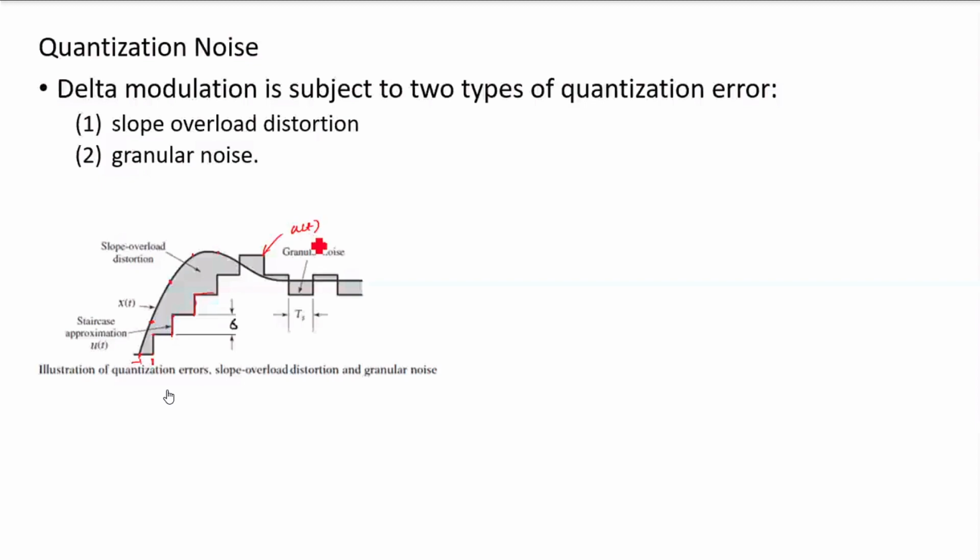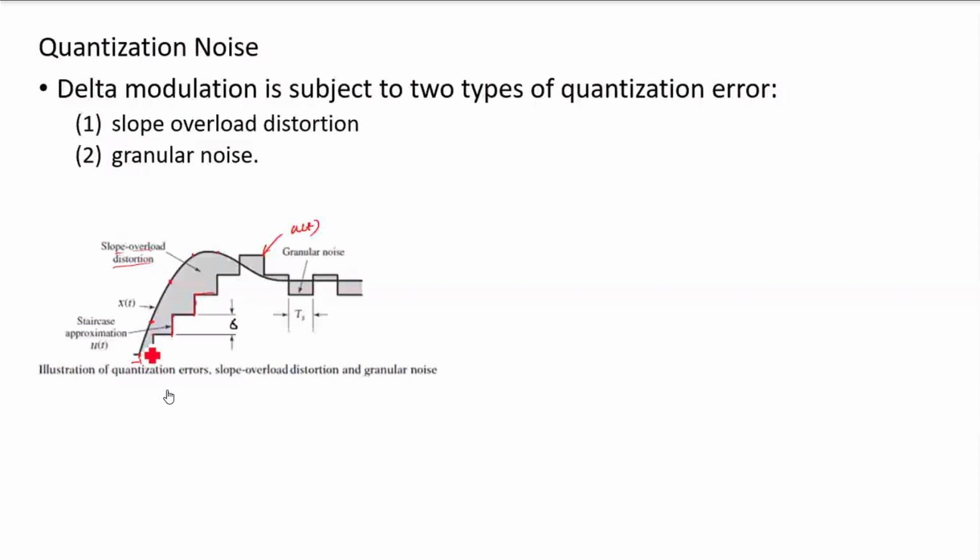This approximation has deviated a lot from the actual signal. With a continuous, very sharp slope like this, the approximation deviates away from the actual signal, and this deviation leads to slope overload distortion.